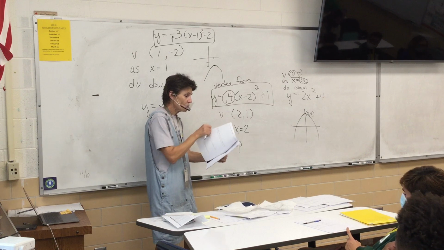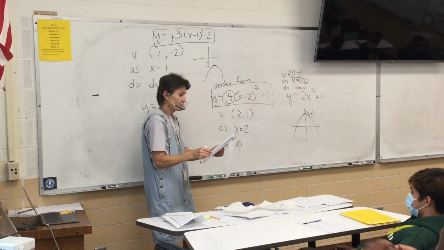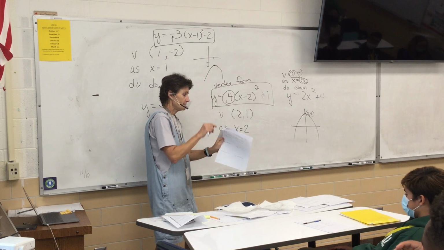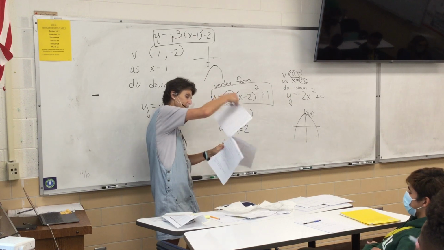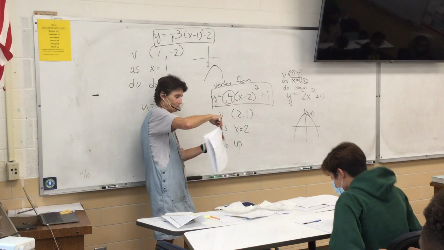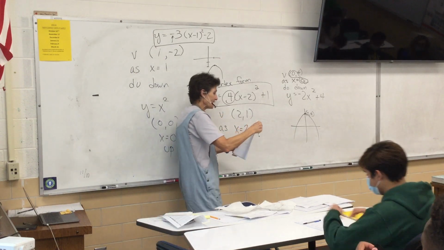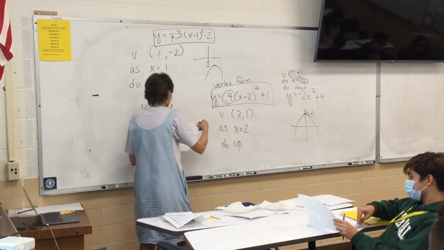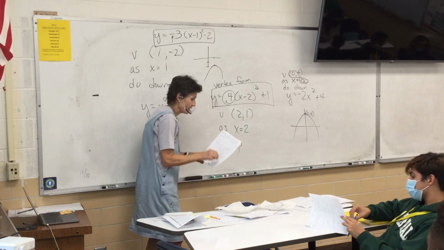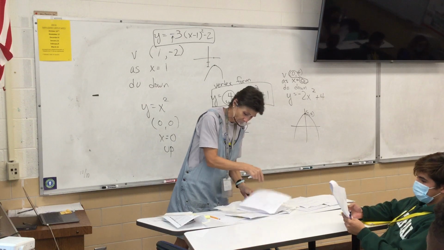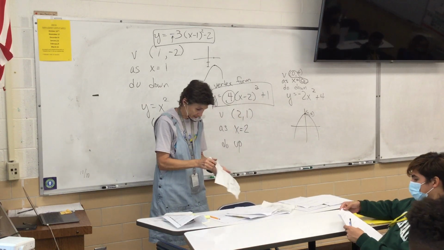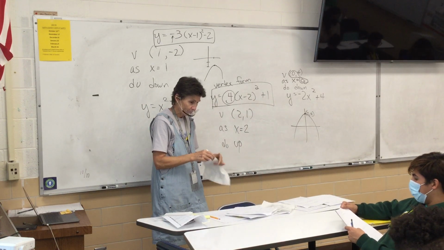Now, what I'd like you to do is turn not to the back side of that page and not to the front of the next page, but to the back of the second page, where it says find the vertex, direction of opening, and axis of symmetry. So I am on the back of the second page, which is a worksheet, but we're going to do it together.